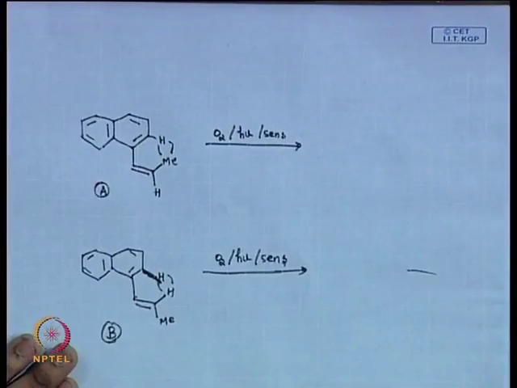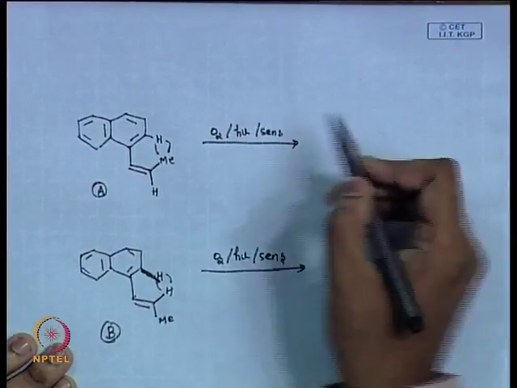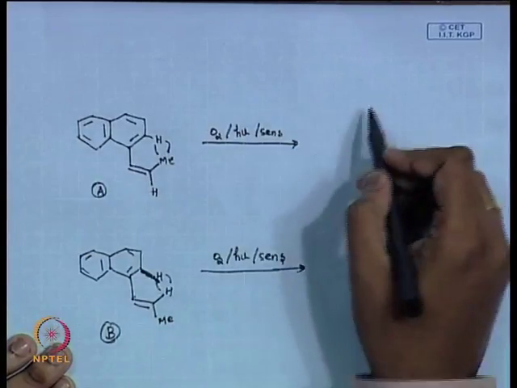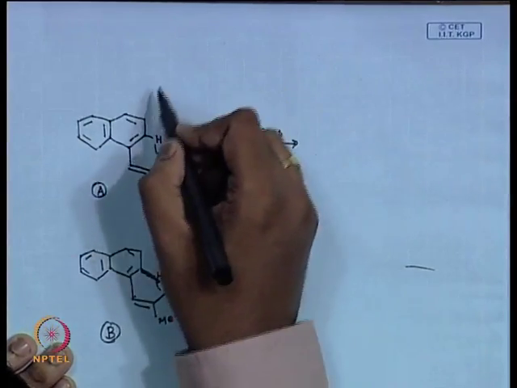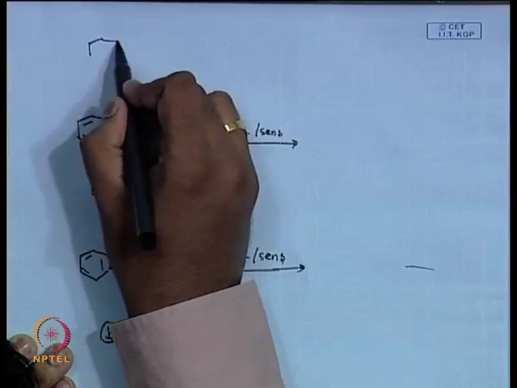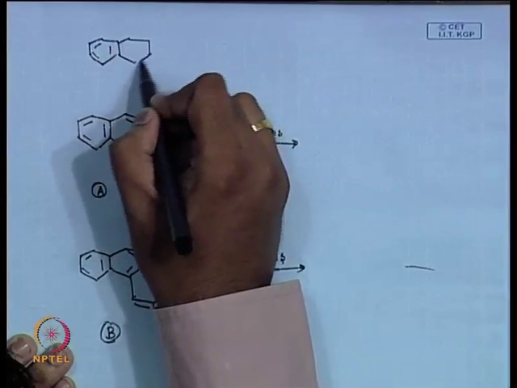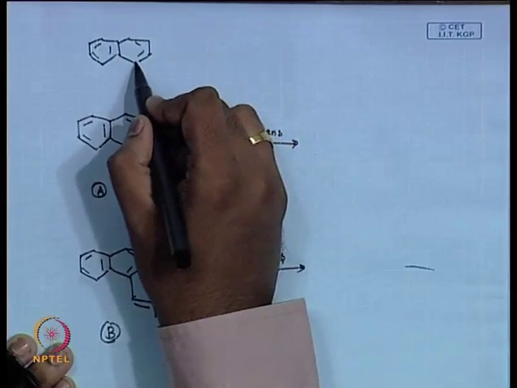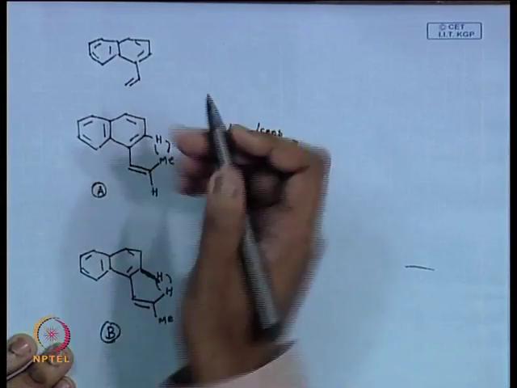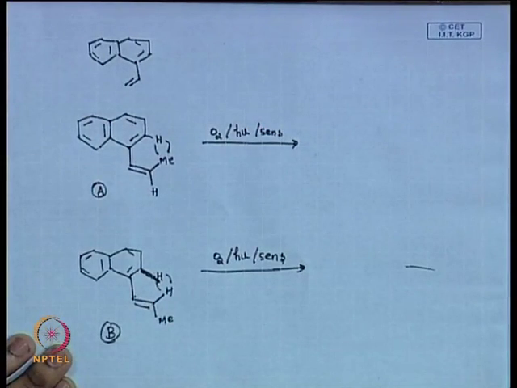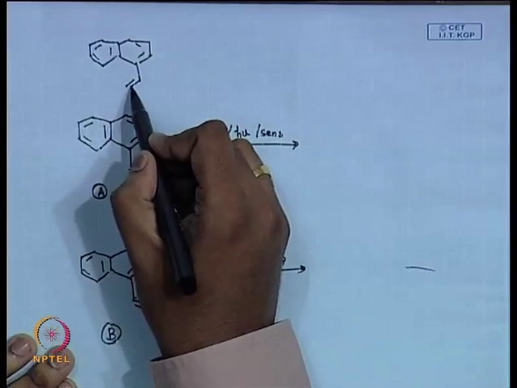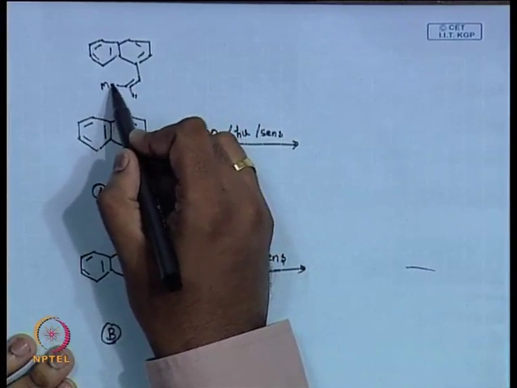So, you get a structure facing this direction, with the hydrogen and methyl completely away.